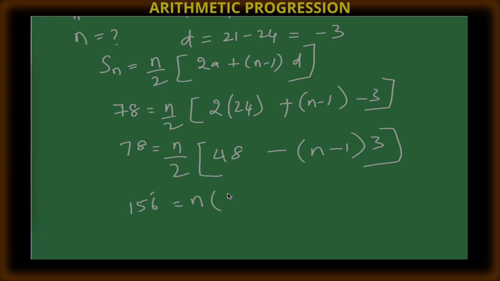Okay, so let's try to bifurcate this one as well. 48 minus 3n, minus into plus becomes plus 3. Okay, 48 plus 3 becomes 51 minus 3n.